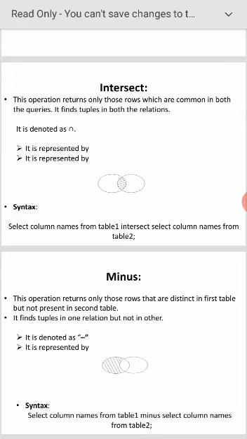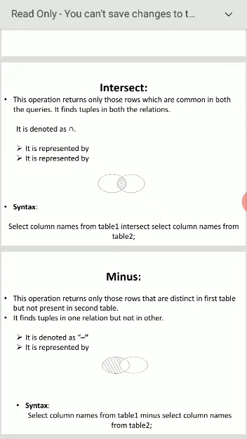You know that if I take a general example, 10 minus 5 is equal to 5. This is general arithmetic. Here, the minus operation returns only those rows that are distinct in the first table but not present in the second table.